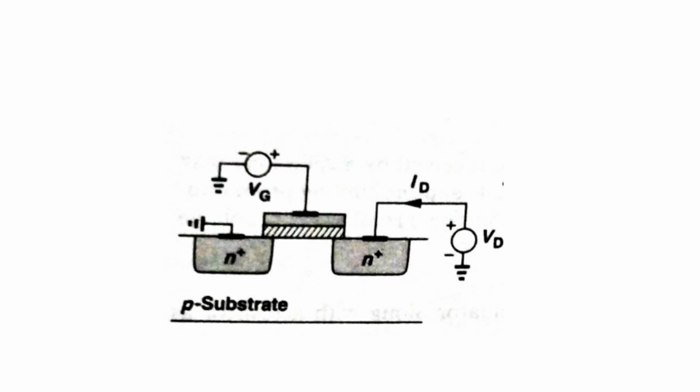What will happen? Because of the positive terminal of your supply voltage, there will be a larger number of holes. Those holes will attract electrons from the drain side n plus region. So there will be an electron movement from source side to drain side because of the drain voltage.